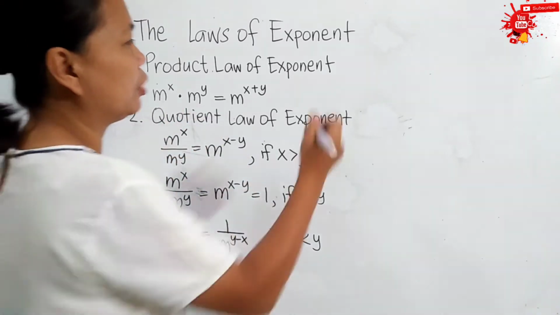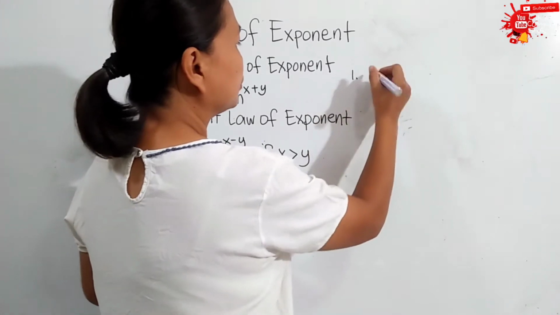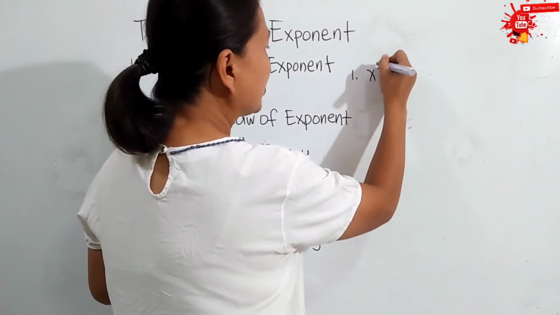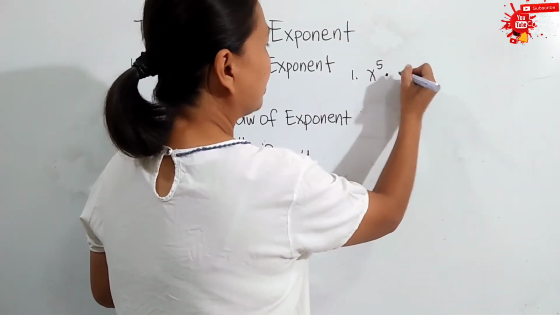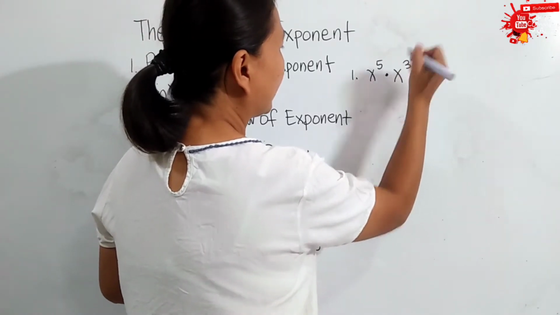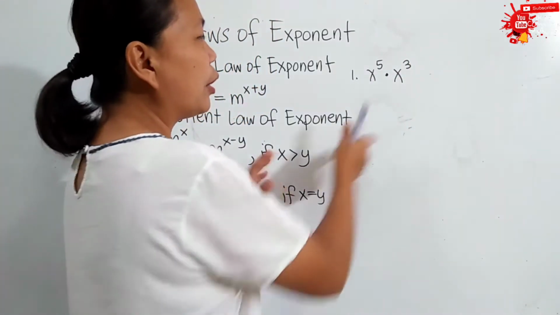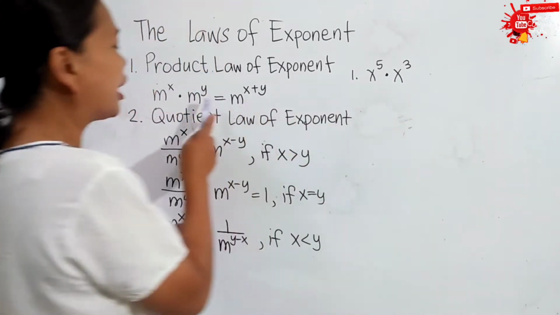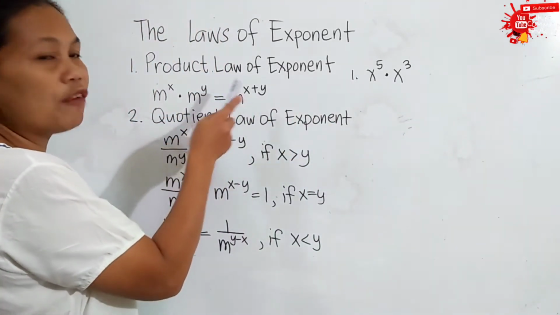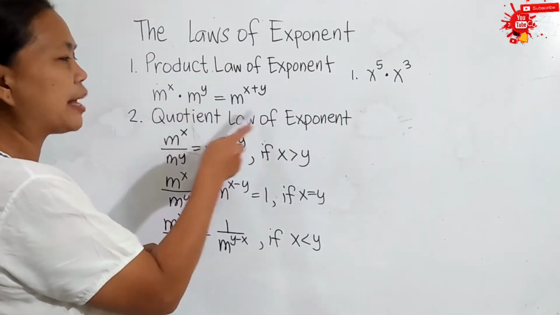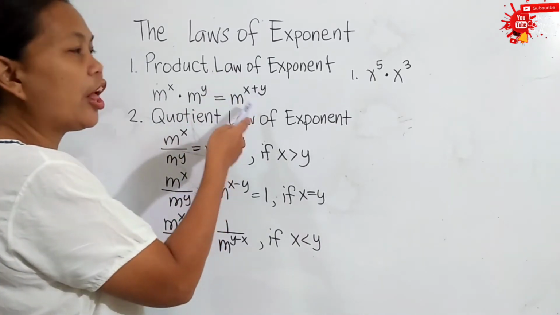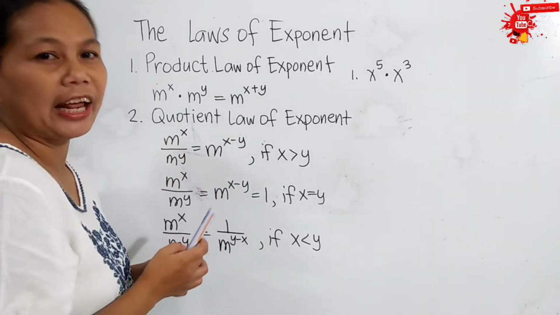So for example, we have here x raised to 5 times x raised to 3. Take note that we have the same base, so we can follow the product law of exponent, that if we have the same base, we can add their corresponding exponents.